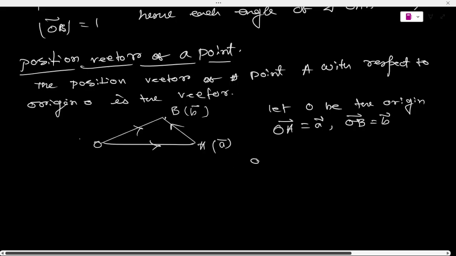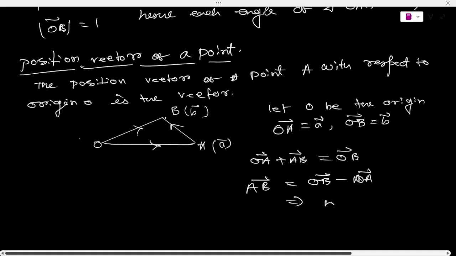Similarly, OA plus AB, definitely it will be OB. So we can say that AB vector is equal to OB minus OA vector. So it will be B vector minus A vector.